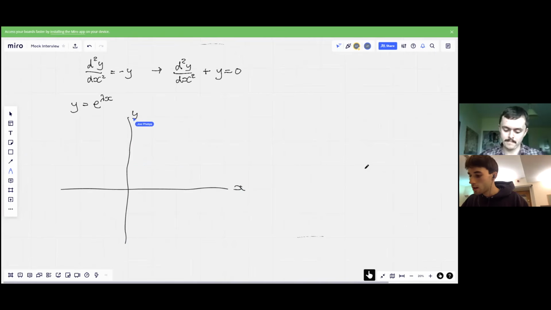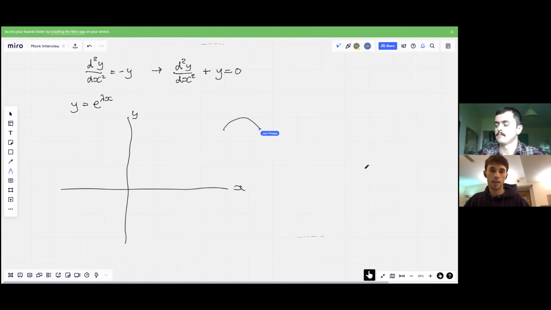Yes, please. So I know that at a maximum, something like this, the second derivative would have to be negative because the gradient is becoming less steep. In which case, I know that my value for y has to be positive because the second derivative is equal to minus y.